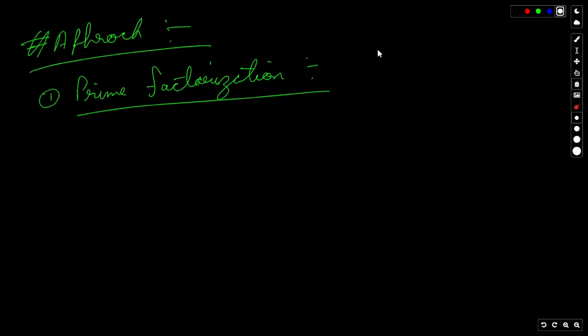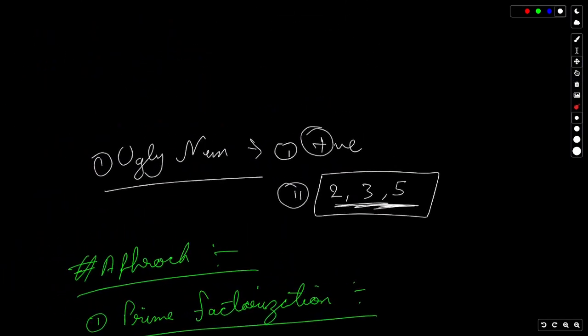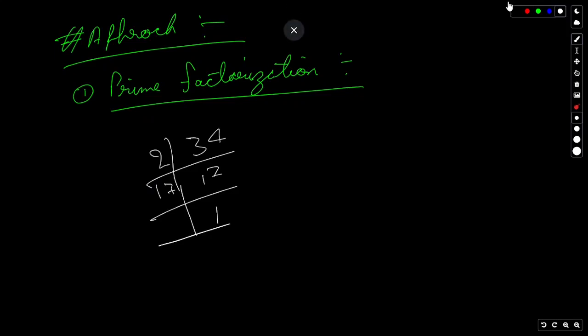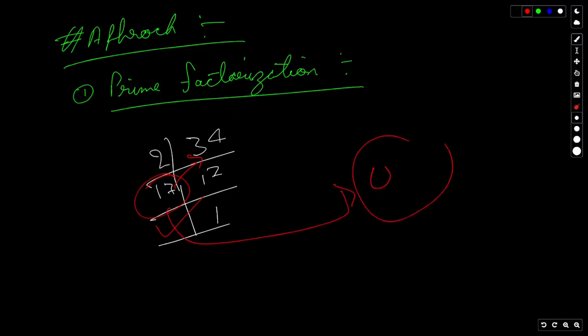In the earlier case that we saw, for 34, which was 2 times 17, if there is any other number which is a factor of this number and it is a prime number, then that particular number will not be considered an ugly number.